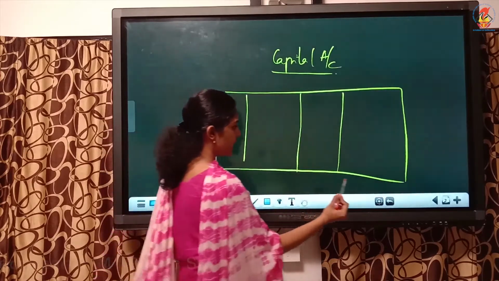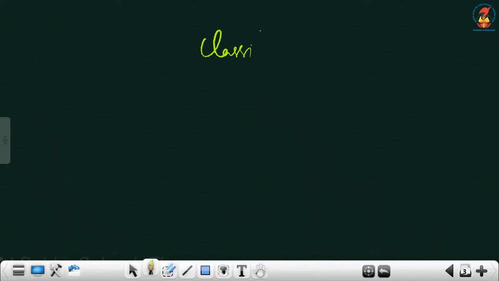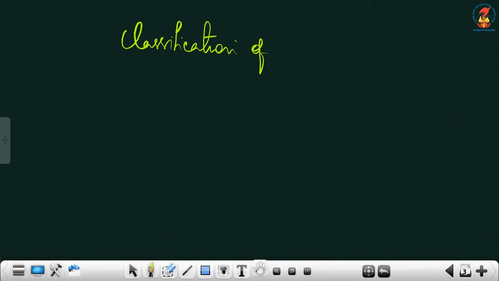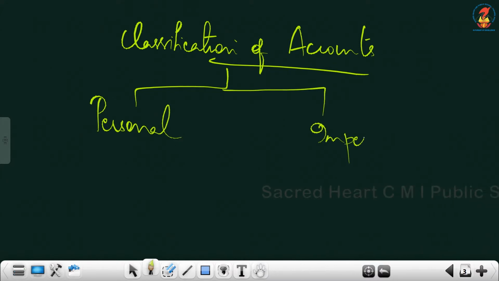So you give the heading classification of accounts. We can classify accounts into personal and impersonal.